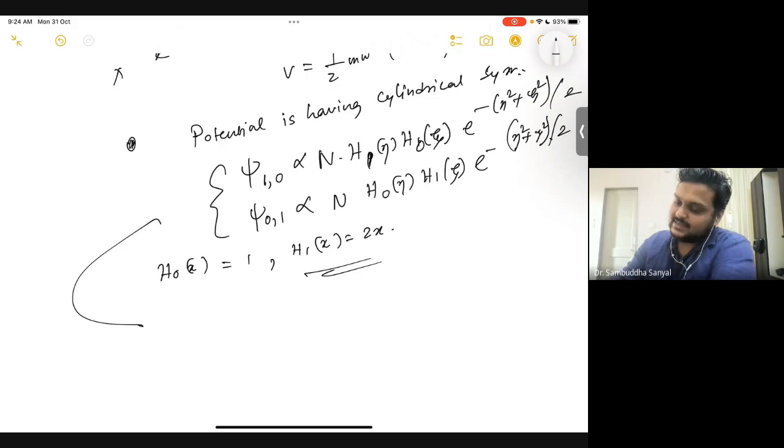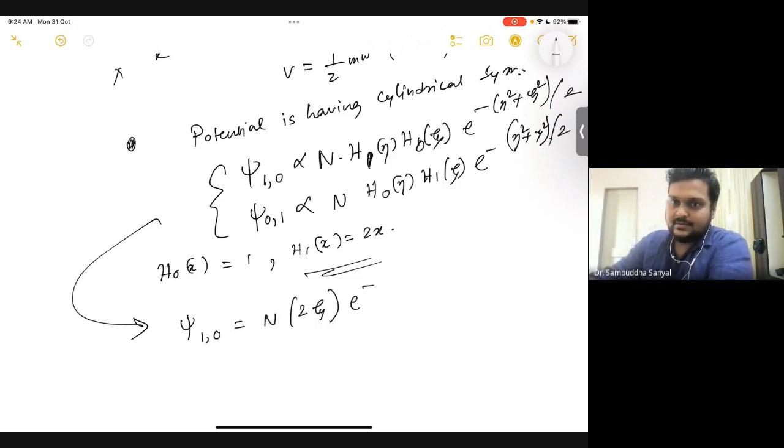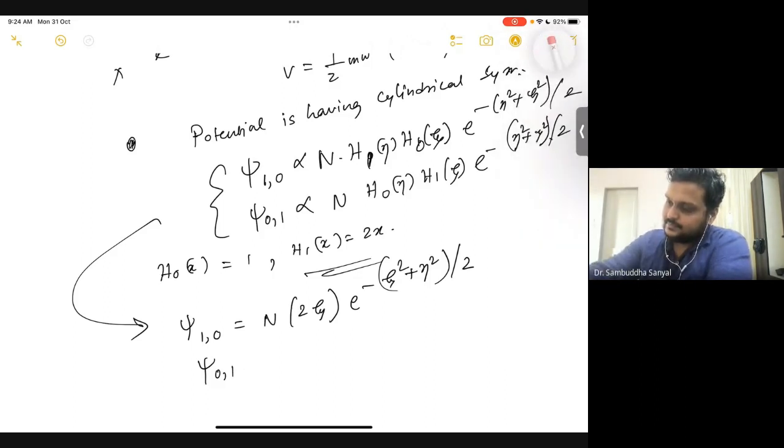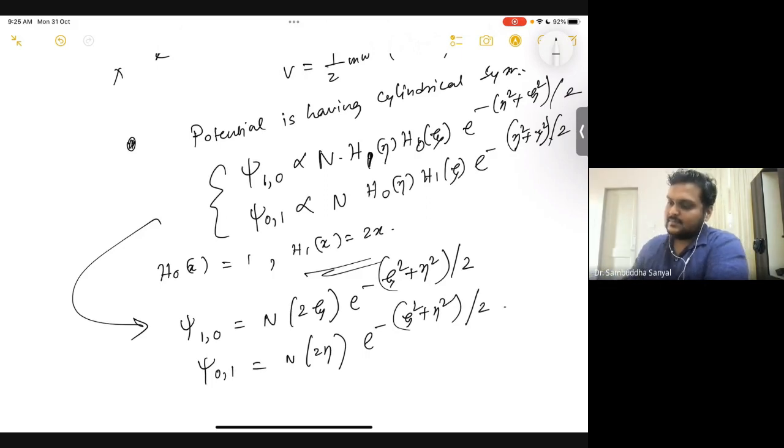So check this exercise. If I go into this coordinate, then it will look like this: N times 2 zeta to the power minus eta squared plus eta squared by 2, and psi 0 1 will look like this. Because h0 is 1 and h1 is 2 xi, and vice versa.